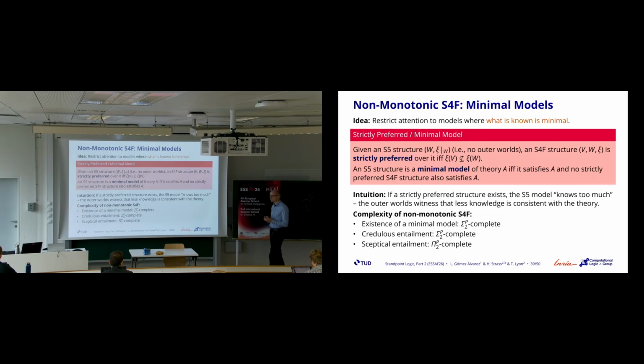So the Sigma P2 says you can make one guess, and then you can use a polynomial number of oracle calls using an oracle for problems in NP. And then the reasoning problems that we are interested in are looking at whether something holds in one minimal model or in all minimal models, so-called credulous and skeptical entailment.